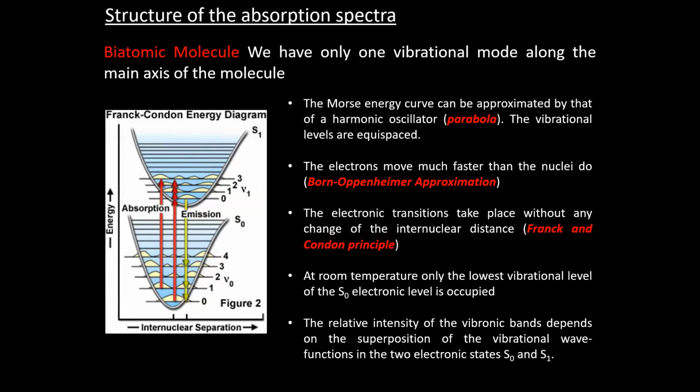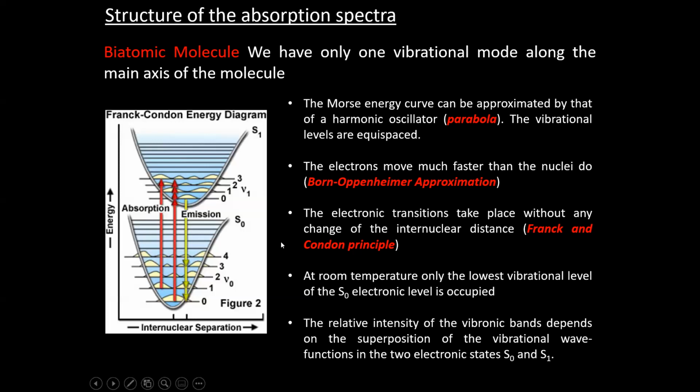Clearly, this internuclear separation we define for two atoms in a diatomic molecule, but it means that all distances in a complicated molecule are kept constant. And you see here, it is written, the electronic transitions take place without any change of the internuclear distance. And this is called the Franck-Condon principle.